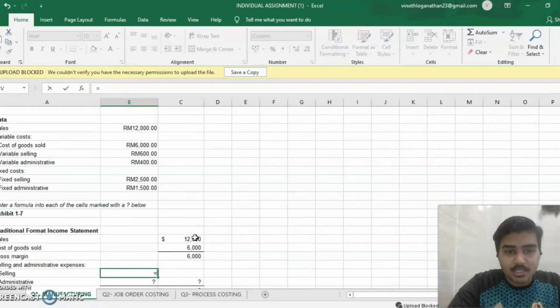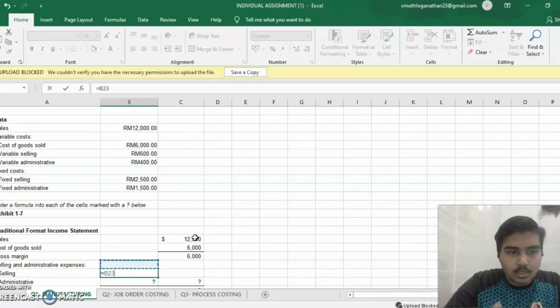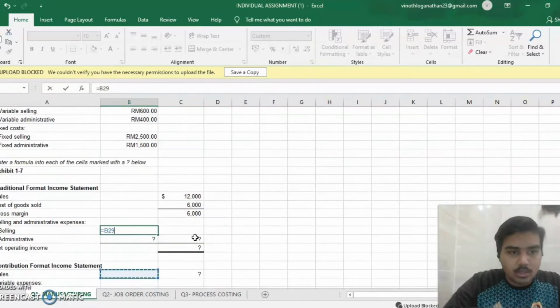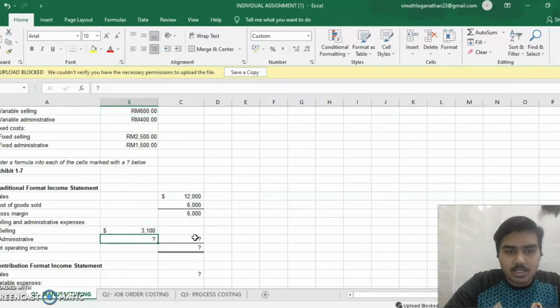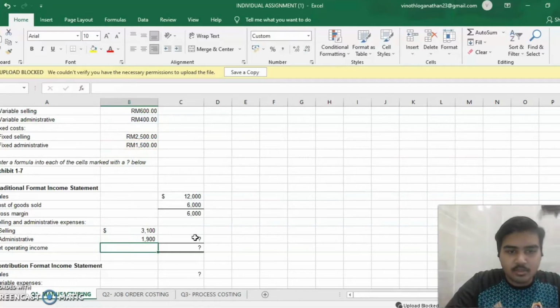and administrative expenses. So this will be 600 plus, or I'm sorry, this should be, because now we are doing the traditional way, so it's selling should be for both this plus the fixed selling cost, and then this should be the variable administrative plus the fixed administrative.